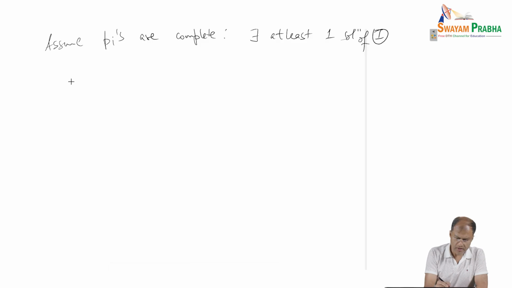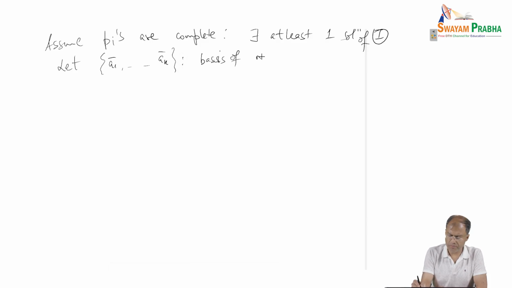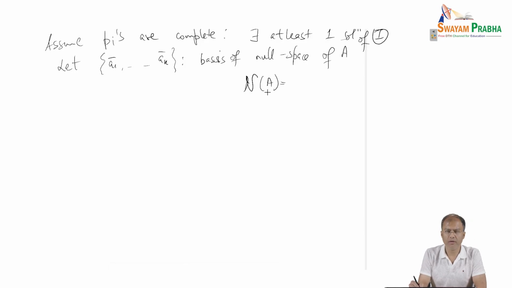So let us say we introduce A1, A2, up to AK as the basis of the null space of A. In linear algebra, we denote the null space by this curly N. So N of A is all such vectors a such that the matrix vector multiplication gives us 0, right?